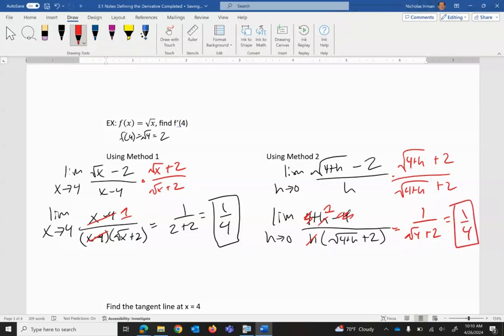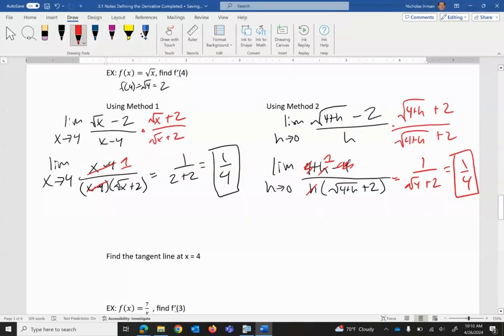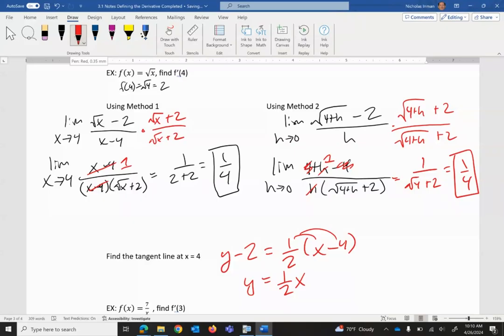So the square root function should have a slope of 1/4 at x equals 4. So our tangent line: y minus our y value equals our slope times x minus our x value. Distribute the 1/2. Add that to 1/2 x minus 2, but then plus 2 is just going to make 1/2 x. All right, let's double check it.